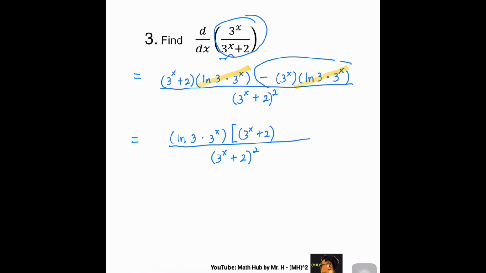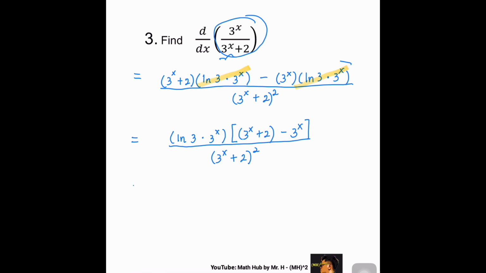From this term, taking out that factor ln of 3 times 3 to the power of x, we will be left with this one, minus 3 to the power of x.